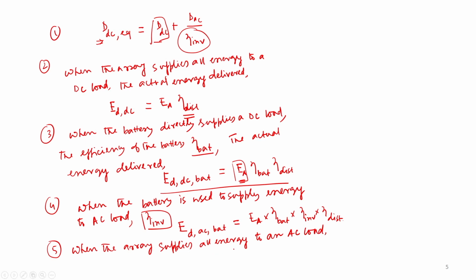Then the energy delivered will be E D AC equals E A multiplied by inverter efficiency multiplied by distribution efficiency. This is how we can use those expressions for calculation of actual energy delivered.